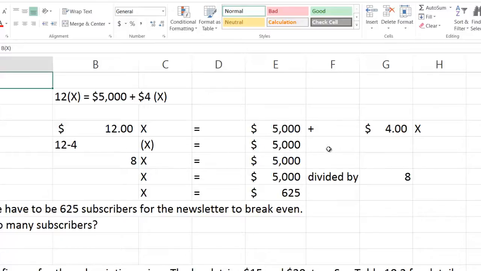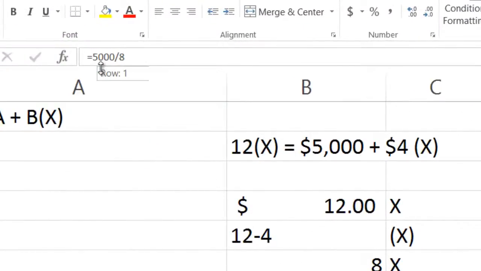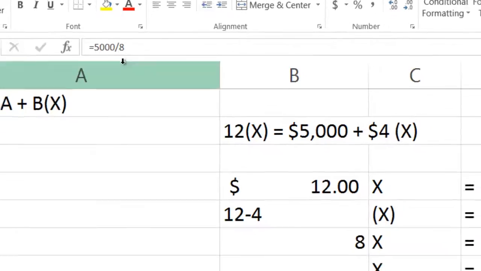All right. Then it becomes simple. 8X equals $5,000. X therefore equals $5,000 divided by 8, or X equals 625, which you can see up here in the formula box is $5,000 divided by 8.